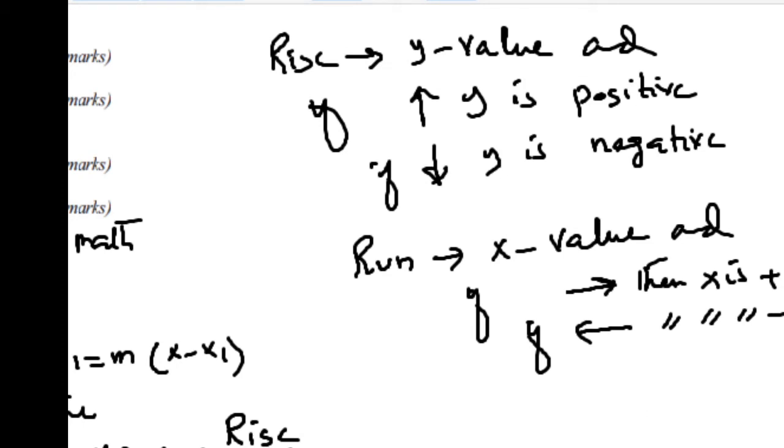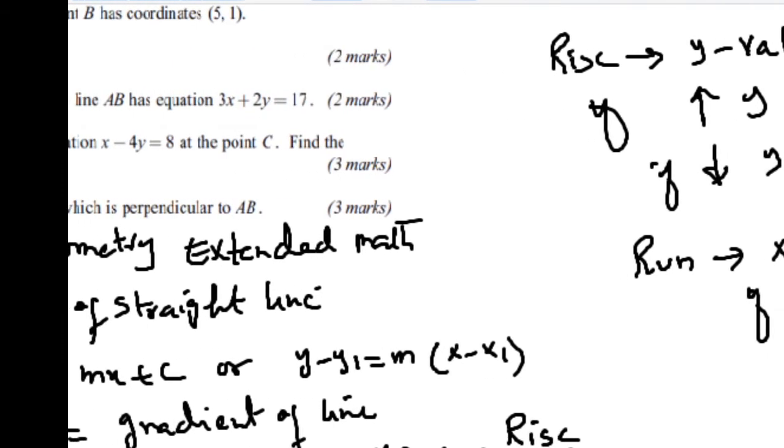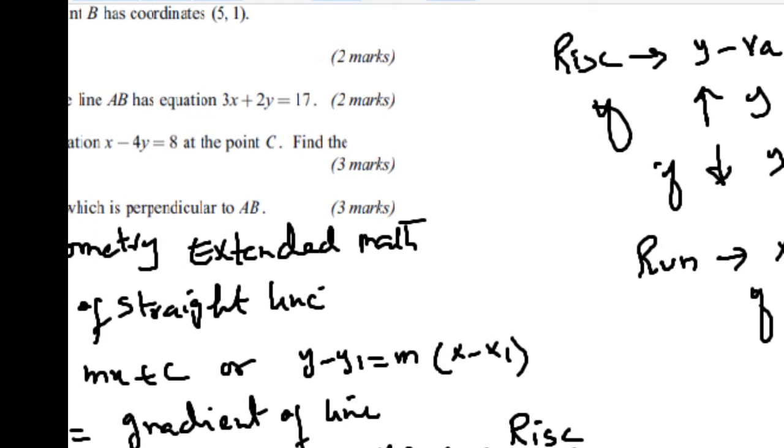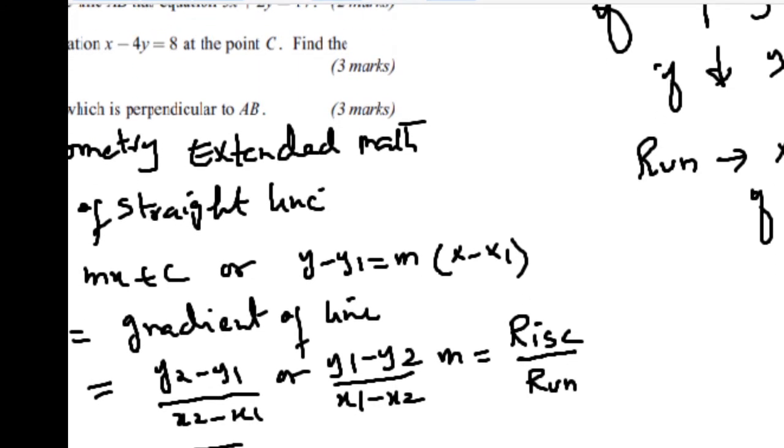So these three forms we can use for finding the gradient of the line. One is this, the other one is this one, and the third one is this one.